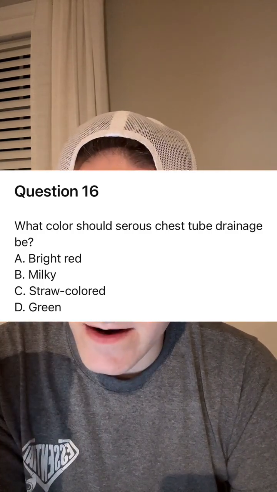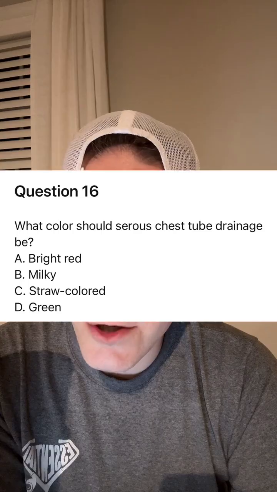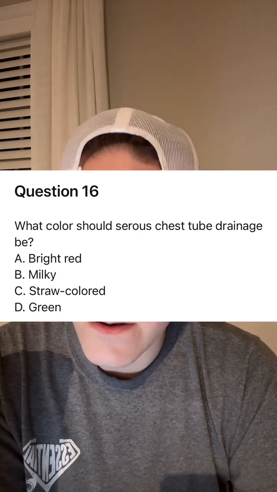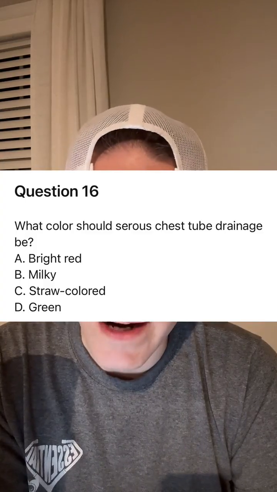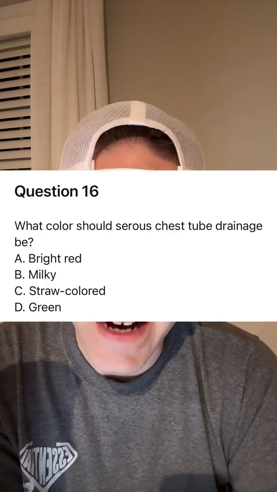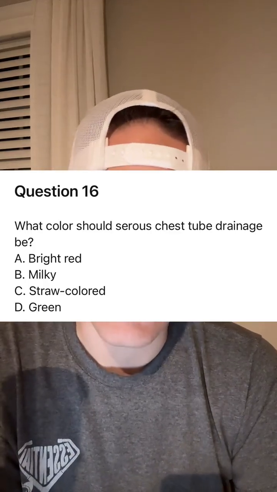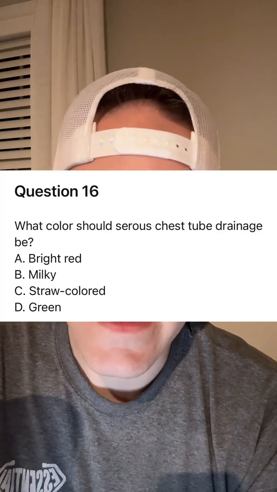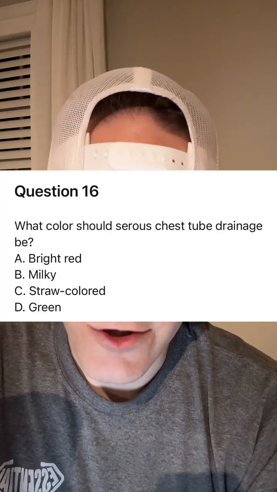For chest tube drainage, we are going to want C, straw colored drainage. That is normal serous fluid and it is expected early after chest tube placement. So C, chest tube drainage should be straw colored.